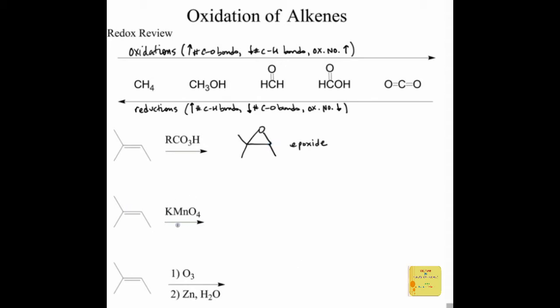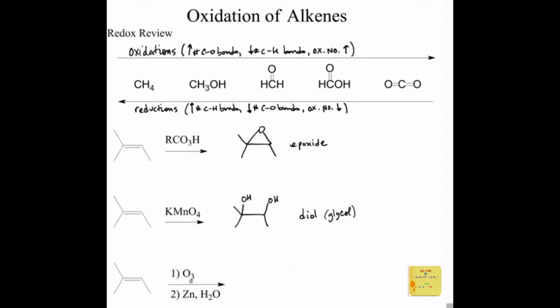If you react a double bond with KMnO4, what happens is you break the pi bond and you add an OH to both carbons. That forms a diol or a glycol. It could be called a glycol if you have two OHs right next to each other, or a vicinal diol.